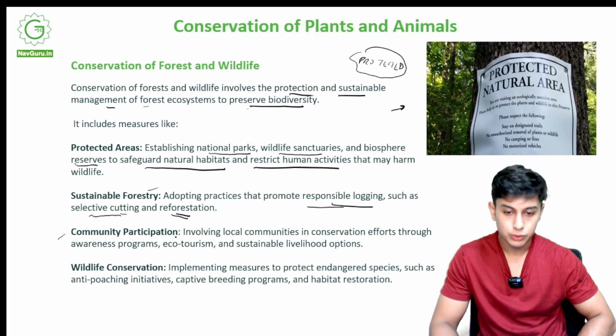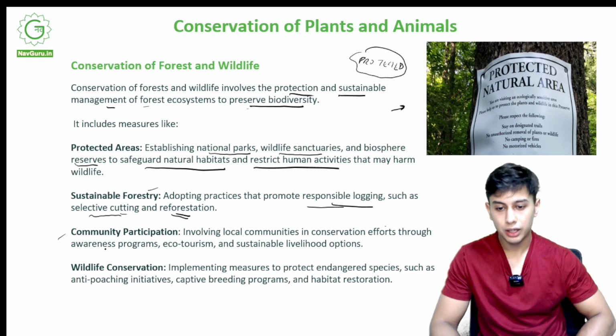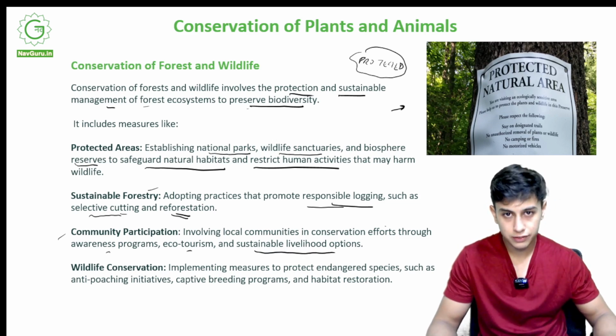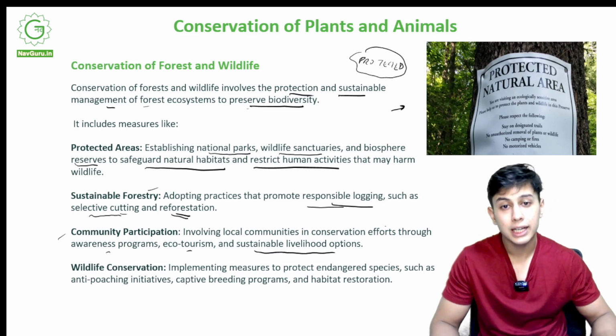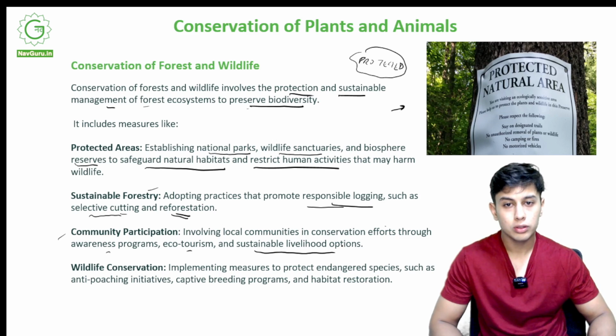Community participation. What is community participation? Involving local communities in conservation efforts through awareness programs, ecotourism and sustainable livelihood options. So I will try to engage the natives of that place, the community of humans that are already living there, to come for conservation of those forests.